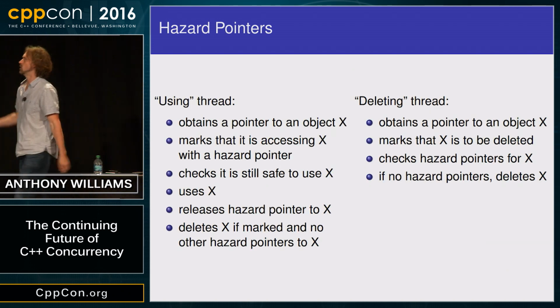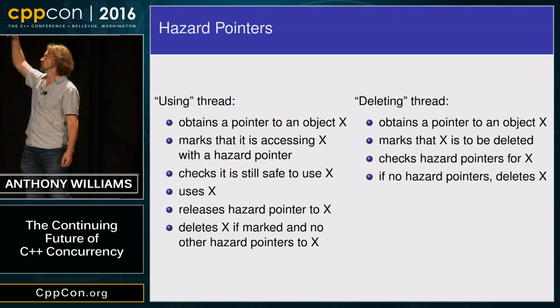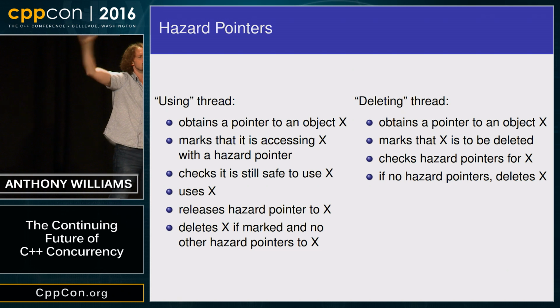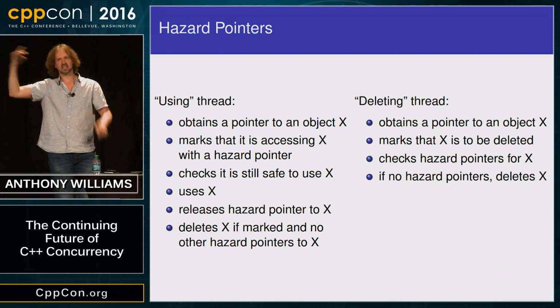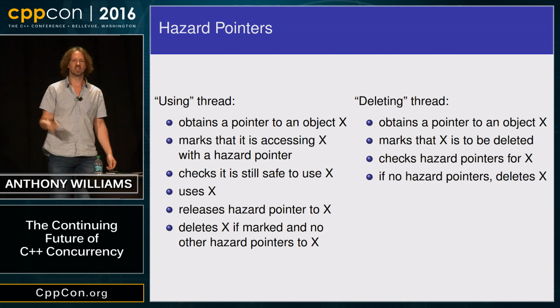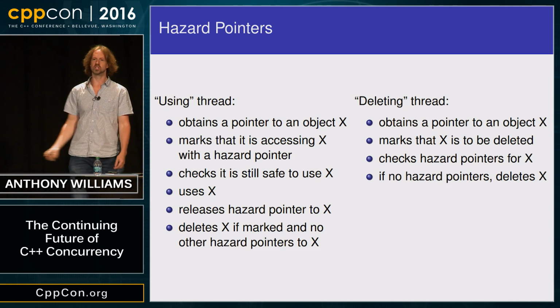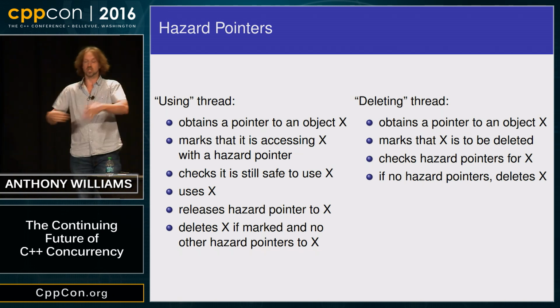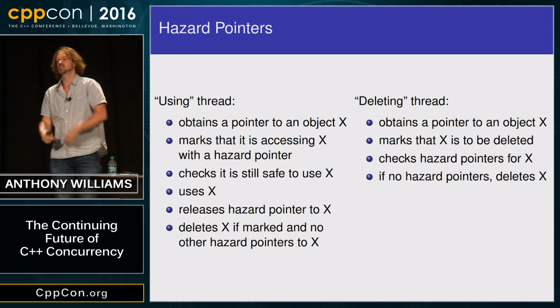So yeah, this is how it works. On the using thread, you obtain a pointer to an object. You mark that you're accessing that object X with a hazard pointer. You check that the pointer you've still got is still valid before you actually dereference it. You then use the pointer in some fashion. You dereference it. You pass it to a function.